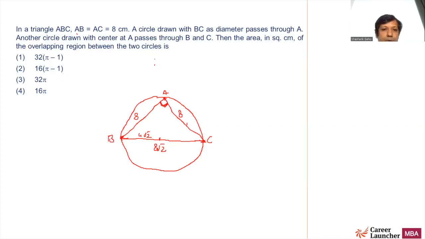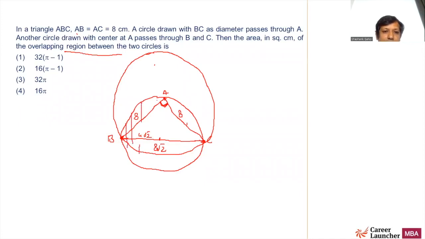So I'm going to draw a circle that has a radius of 8. That is going to look something like this. Now, the question is asking what is the overlapping area. So the overlapping area is going to be this total area.